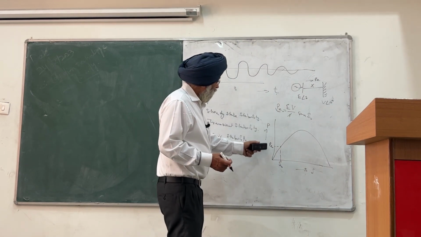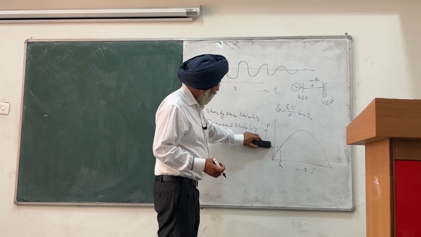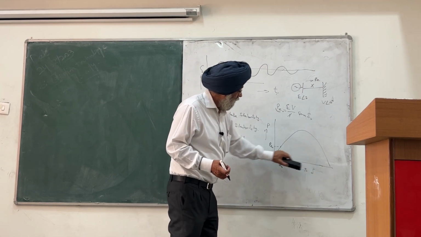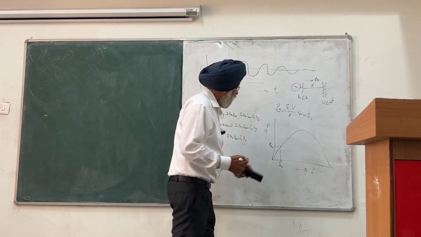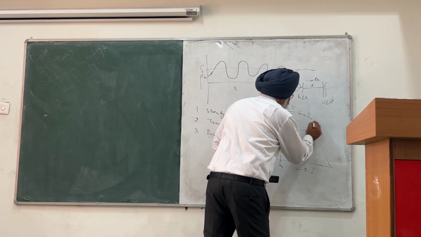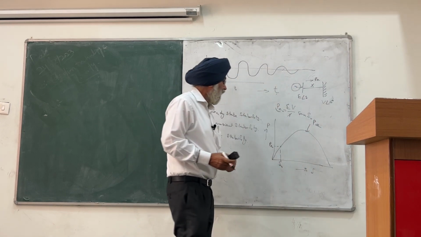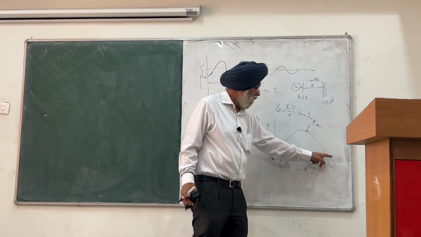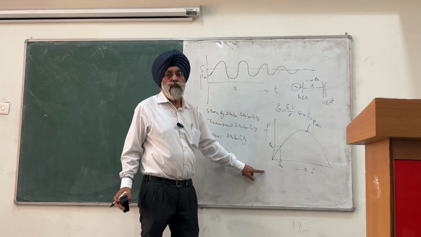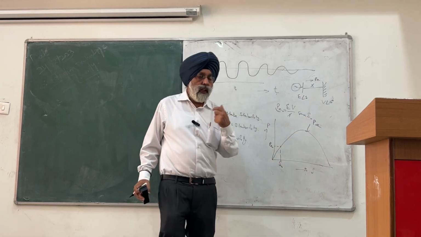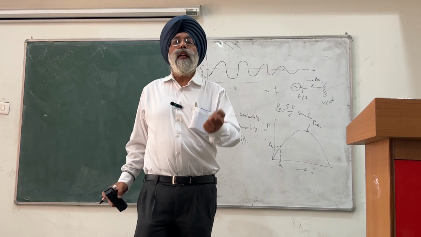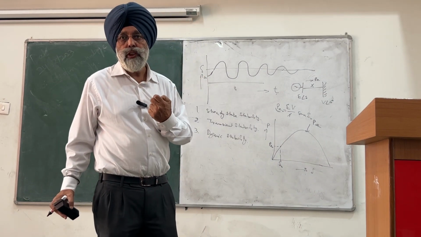So in this case, this is the electrical power curve, meaning the variation of the electrical power with respect to delta. Also, we are giving the mechanical power, or we are taking the mechanical power from the machine.